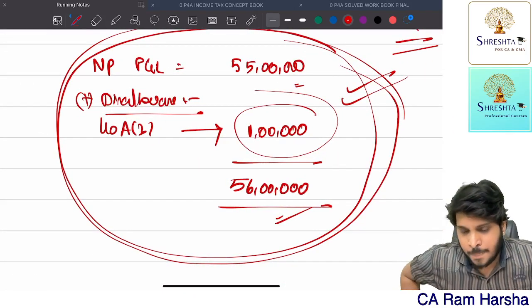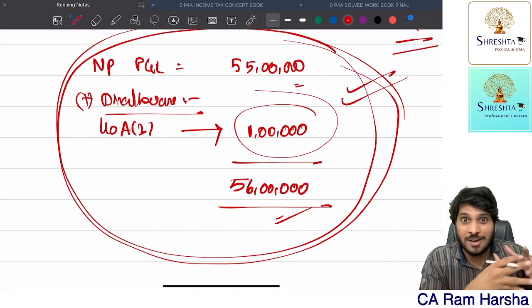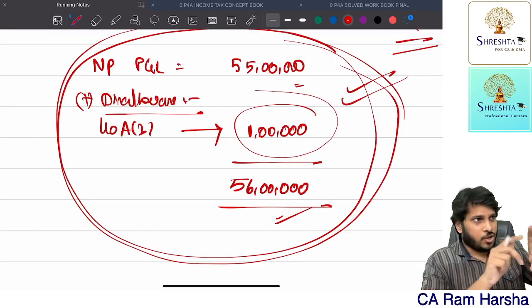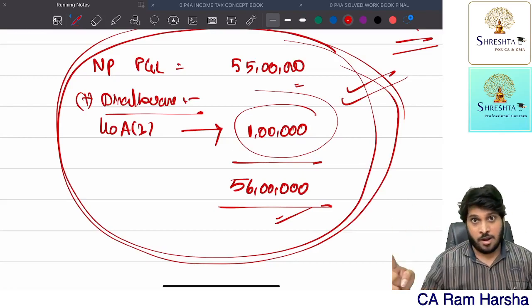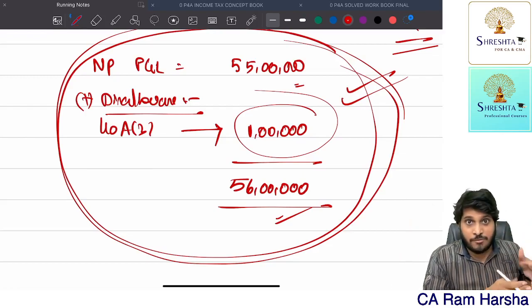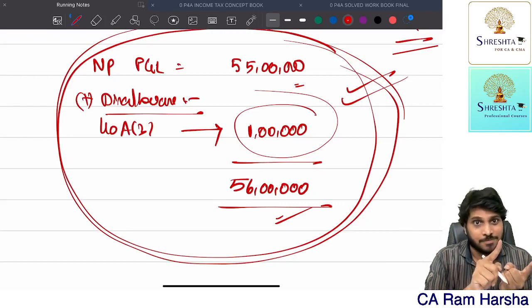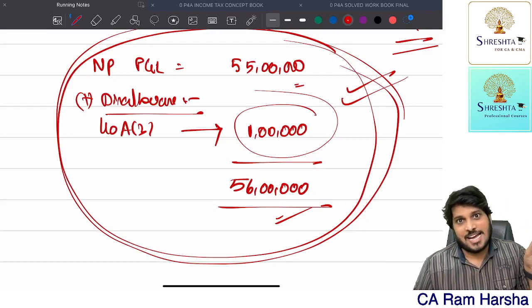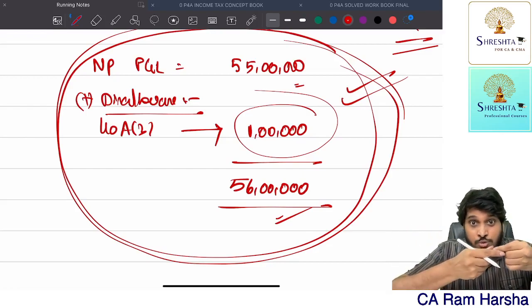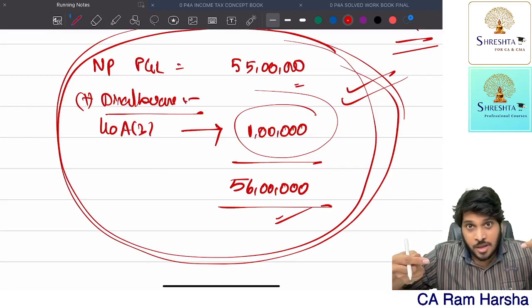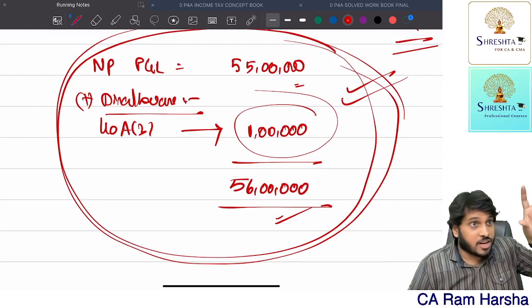Remember, in the profit and loss account, if you debited, it means you already reduced it while computing profit. And if income tax also allows it as deductible, then there is no treatment. Suppose you reduced 10 lakhs, but in income tax only 8 lakhs is considered. You started with net profit, which is computed as per P&L after reducing 10 lakhs.